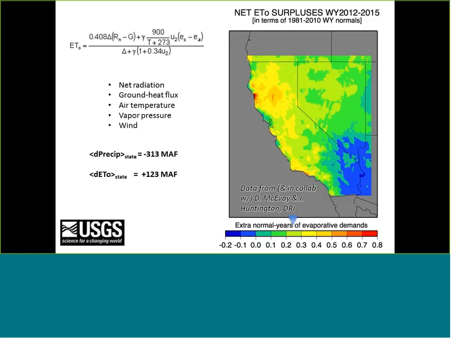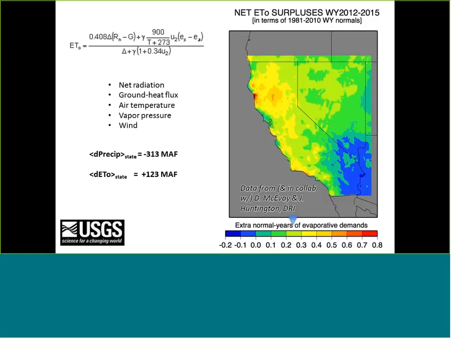But with these warmer temperatures, what I'm mapping here is changes in the evaporative demand for water, which is basically the amount of evaporation and transpiration that you would get from a well-watered lawn through time. This is how much water would be going back up into the atmosphere if the water was there in a well-watered lawn.